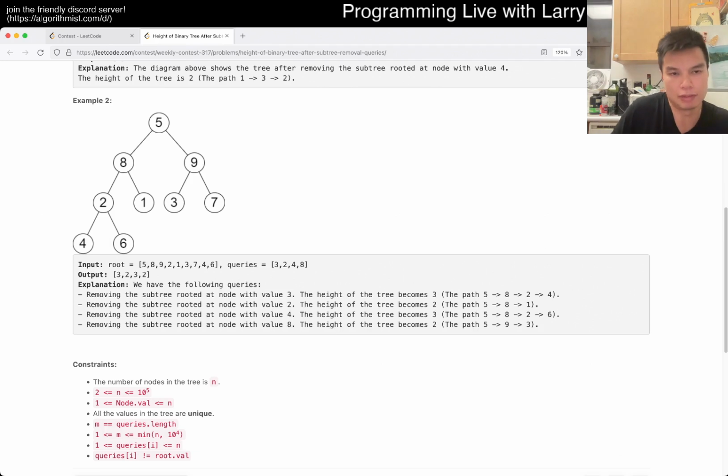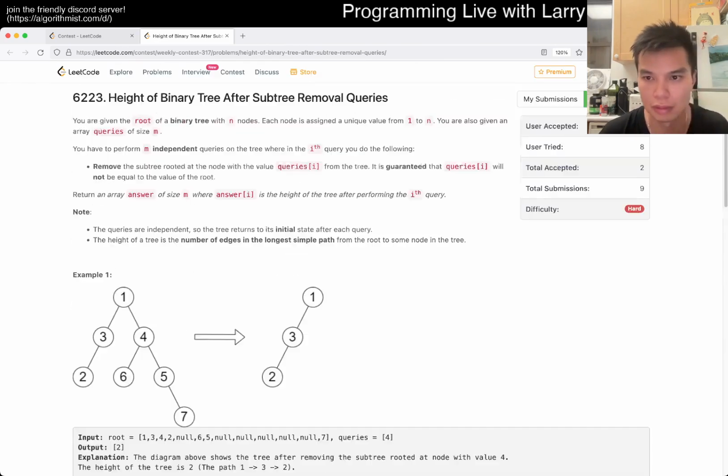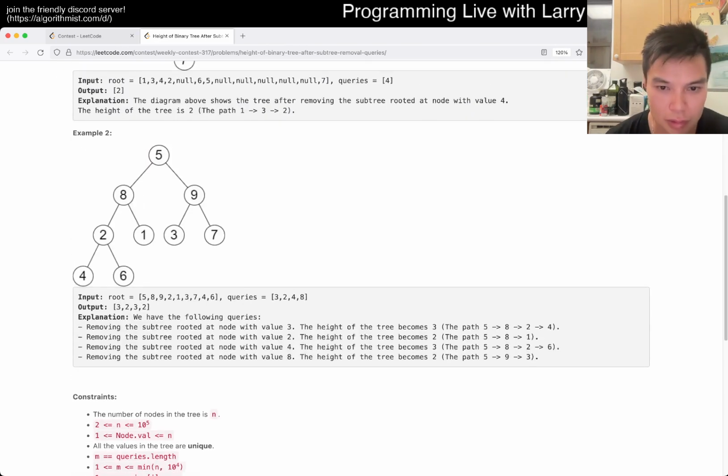So if we do a depth first search, right? What does that mean? How many queries are there again? M is 10,000. People have gotten it though. So there's only one thing.